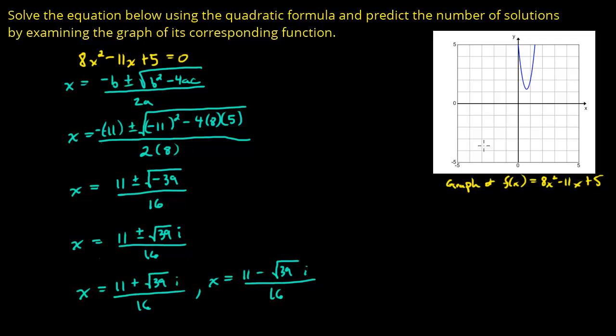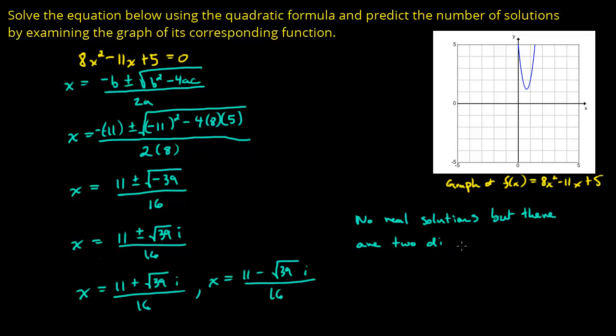So when you have the graph of a quadratic function like f of x that has no x-intercepts, you'll get two distinct complex solutions. But notice that these solutions are not real. So we can write that there's no real solutions, but there are two distinct, or two different, complex solutions.